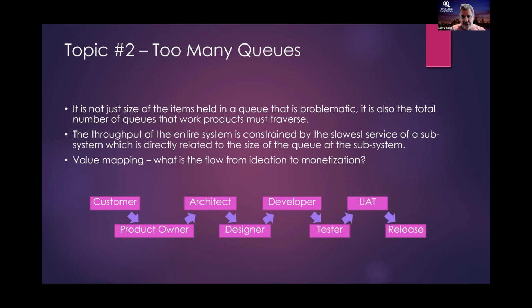The product owner, instead of giving it to an architect queue, which would be a backlog for the architects, and then going to a design queue, we can take the product owner, the architect, the designer, the developer, and the tester, put them all on one team. Now I've taken 5 queues and I've collapsed it into one. What have I done theoretically to the cost of delay?